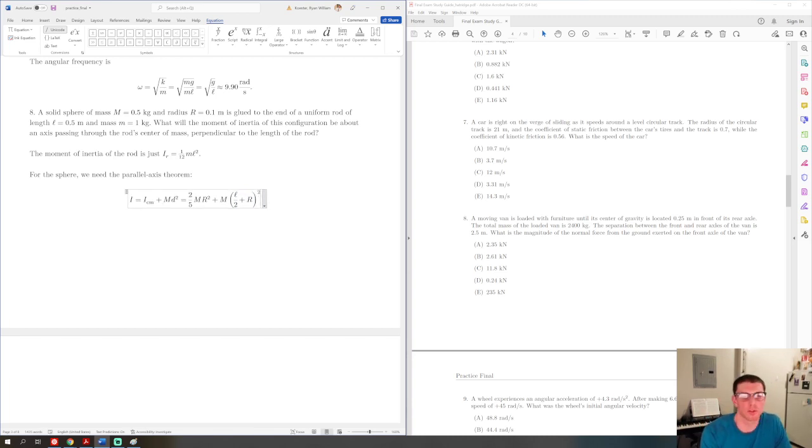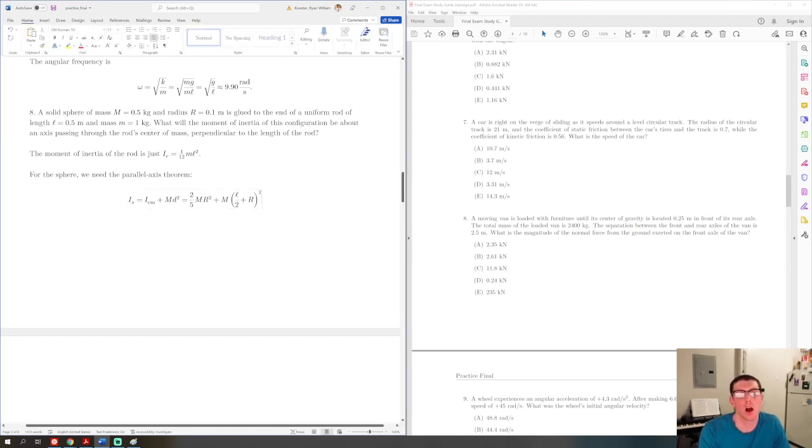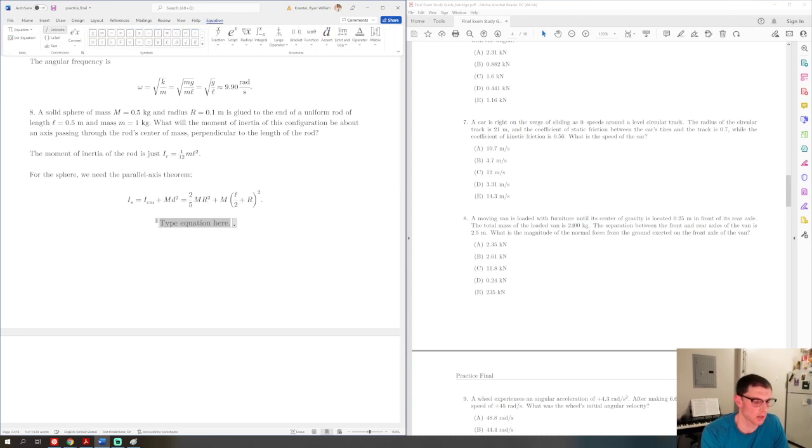So our total moment of inertia, let me put an S here for sphere, is just I_R plus I_S, which is this plus all this.